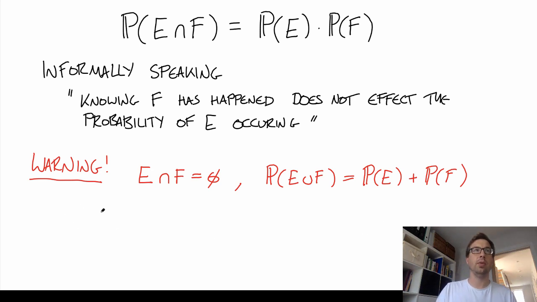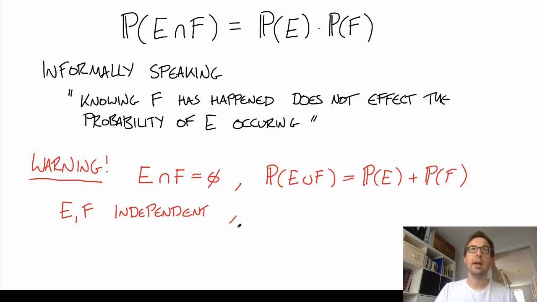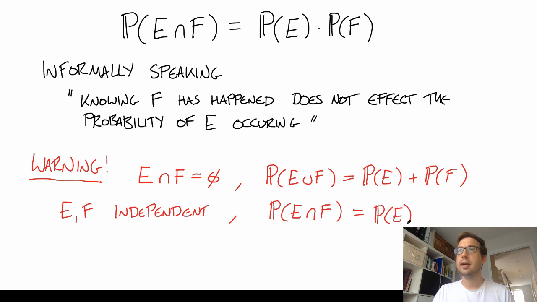That is a different rule to the rule here, where I say E and F are independent, okay, and that means that the probability of E and F is equal to the probability of E times the probability of F. Okay. Sometimes people get confused by these.